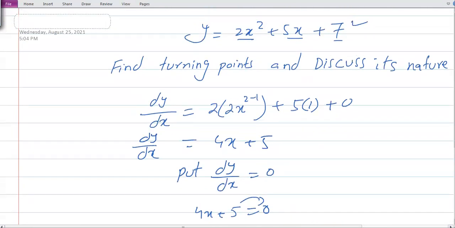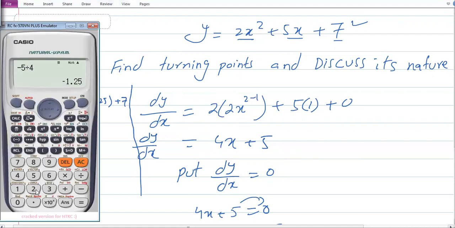This value of x you can put here. You will get y: 2 into minus 1.25 plus 5 into minus 1.25 plus 7.